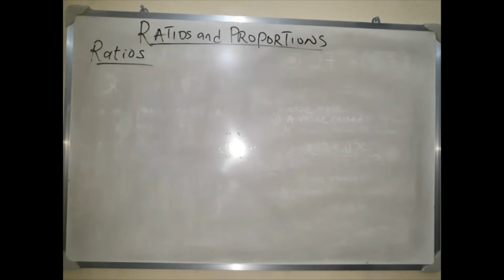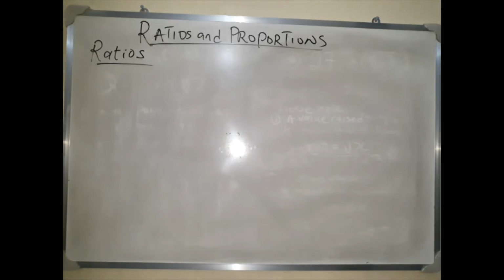So these are just two ways of defining what a ratio is. The two or more numbers in a ratio can only be compared when they have the same unit. So let's take note of that.